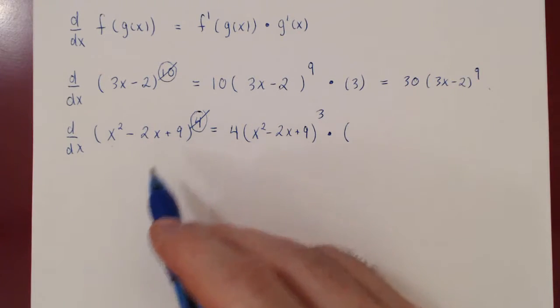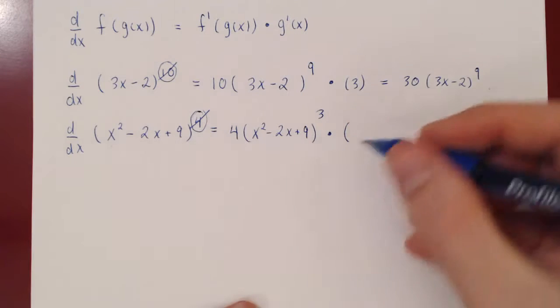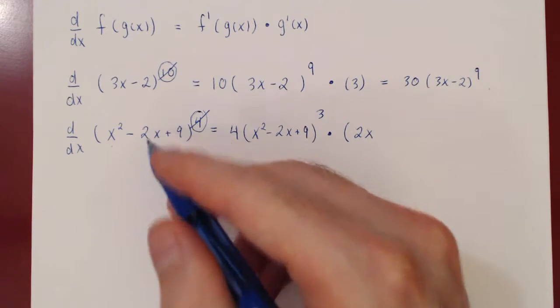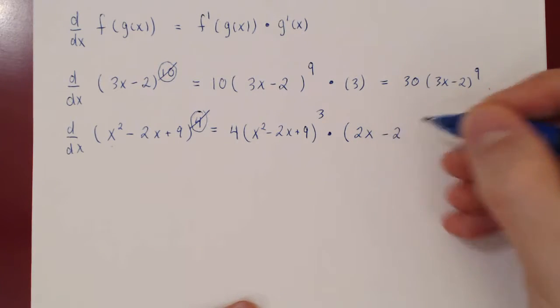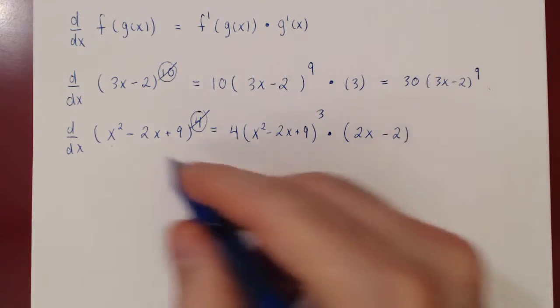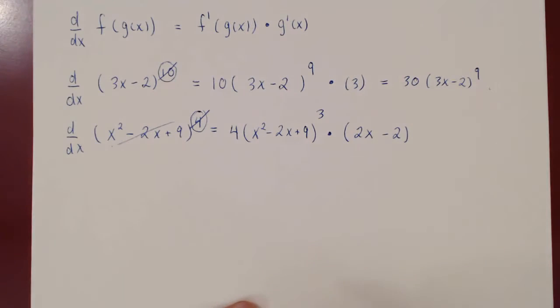And the derivative here is the derivative of x squared, 2x, minus the derivative of 2x, which is negative 2, plus the derivative of 9, which is 0. And that takes care of what's left over. There is nothing left over, so we're done with the differentiation.